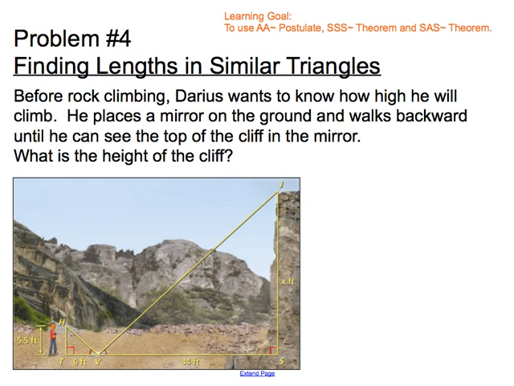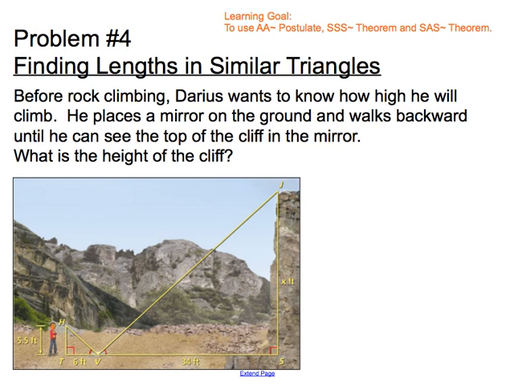If he wants to know the height of the cliff, he's using the fact that these 90-degree angles, and the fact that this angle relationship, the angle of incidence equals the angle of reflection, to prove that these two triangles are similar by angle-angle similarity postulate.